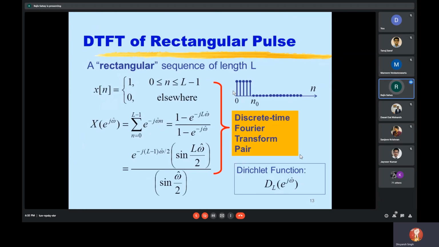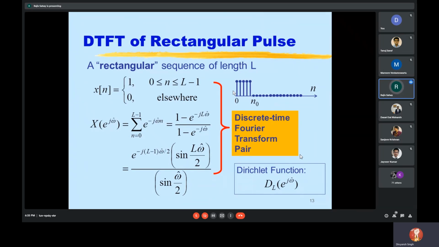So the DTFT of a rectangular pulse. So here we start thinking of slowly combining different formulas for DTFT and trying to find out how to find the DTFT of a sequence where you have combinations of discrete sequences.